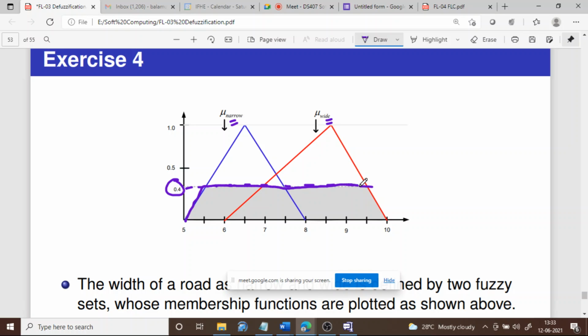Now you can apply a centroid technique, or I mean the COG technique, and you can find. So you can divide it into three parts. This is one portion. Here to here is another portion. This is another portion. Again find the area, I mean solve the line equation and apply it in the COG formula. Right?